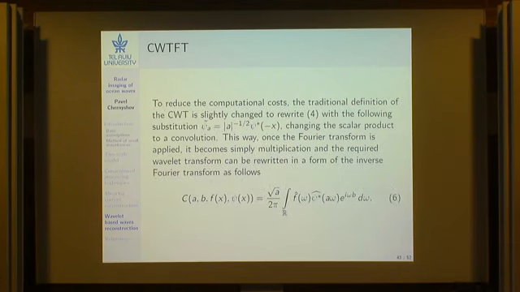And to make the procedure more computationally efficient, we do a small trick, just changing the scalar product to a convolution, and then go into the Fourier images, which makes the convolution just a multiplication, and from that we do the inverse transform, which is identically equal to the desired wavelet transform. Just a small mathematical trick, but it's very efficient.